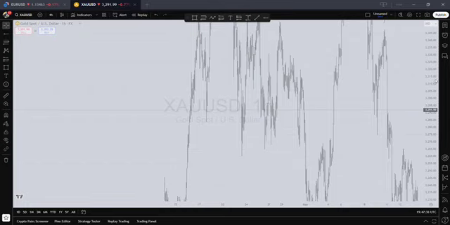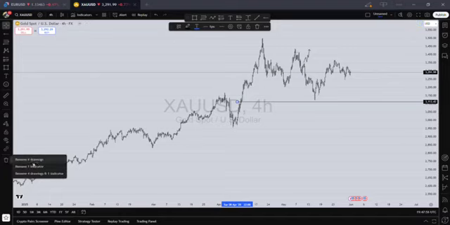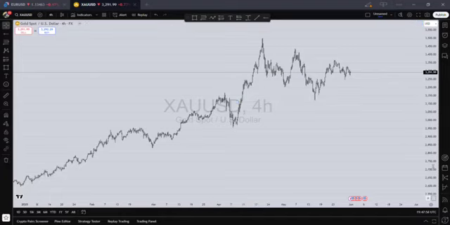Mitigation blocks are blocks that fail, then price comes to use them for the opposite direction. Breaker blocks happen before a trend change.